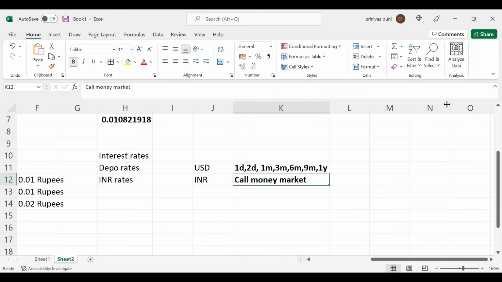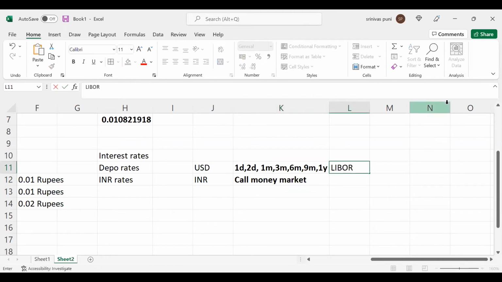Now, where do you see this? You need market data systems like Reuters or Bloomberg to see these rates. But if you want to see a benchmark, for example, for dollar rates globally, at least up to even now, there is this rate called LIBOR.